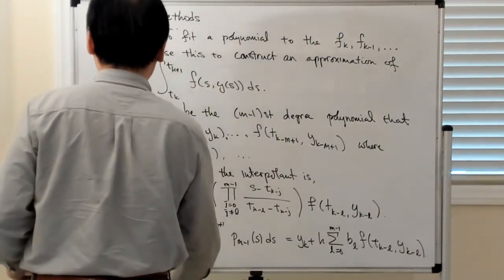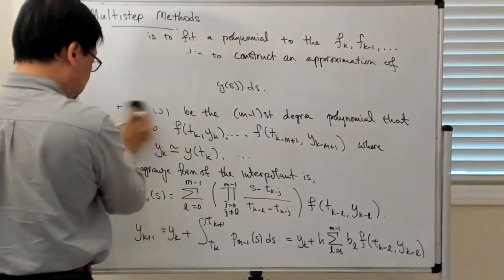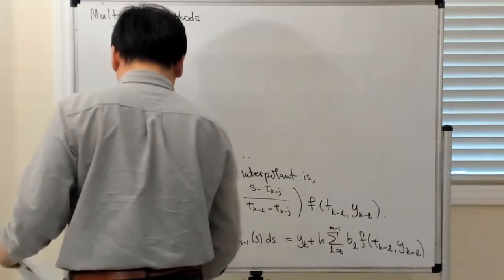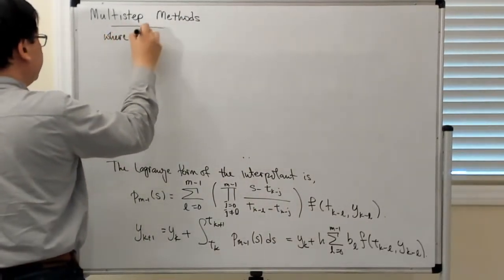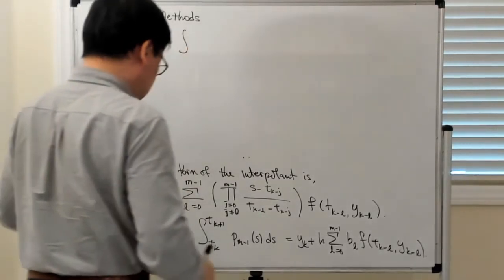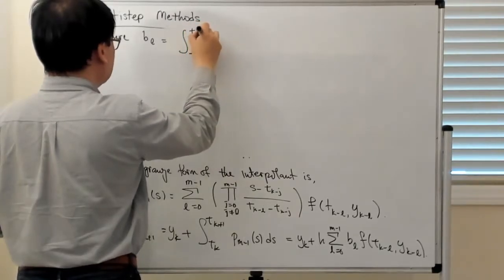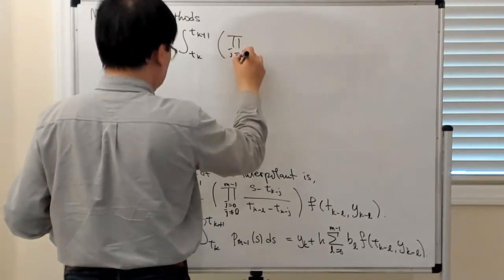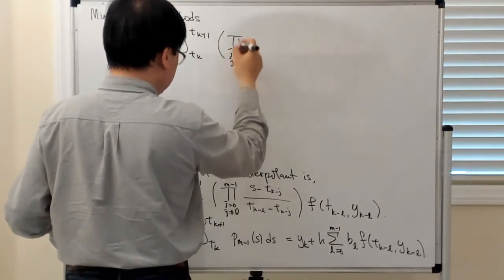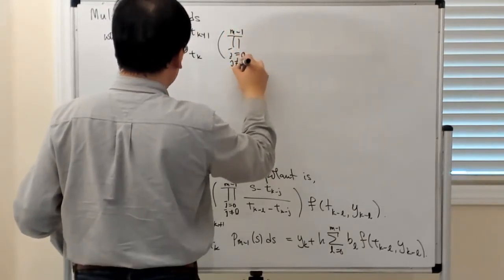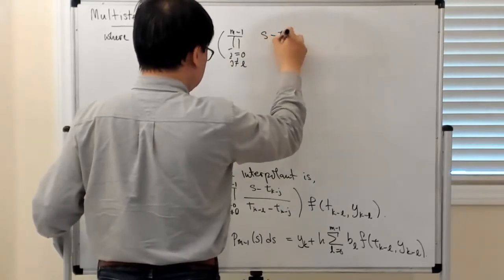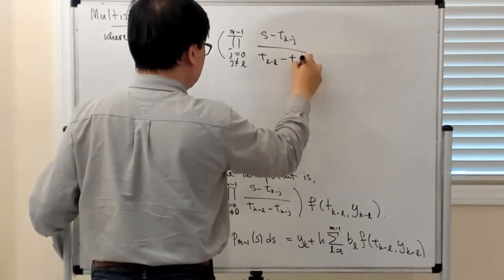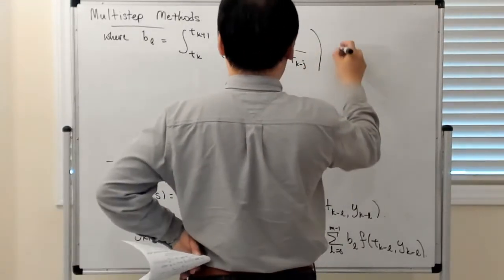And I'll write down what b_l is, where b_l is equal to the integral from t_k to t_{k+1} of the Lagrange polynomial, the product over j from 0 to m minus 1, j not equal to l, of s minus t_{k-j} over t_{k-l} minus t_{k-j}, ds.